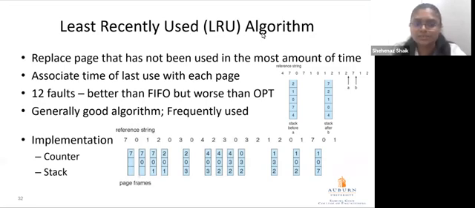This approach depends on an assumption that a page which was recently used has a higher probability of being reused or re-accessed by the process as compared to a page which was accessed a lot earlier.